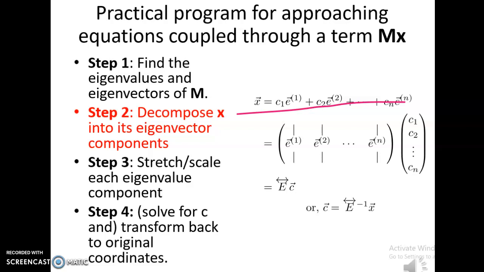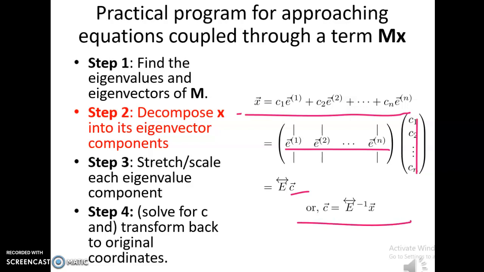This is the equation: here in this row C1, C2 up to Cn as a column, and E1, E2 up to En. So E C vector equal to x, or C vector equal to E vector inverse times x.